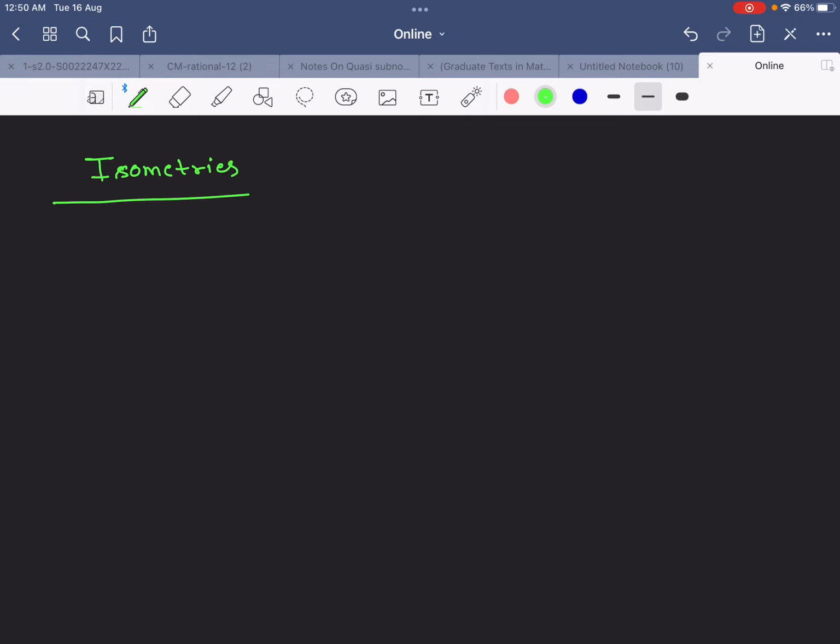Isometries. Now suppose you have an operator A from H to H, Hilbert space to Hilbert space.